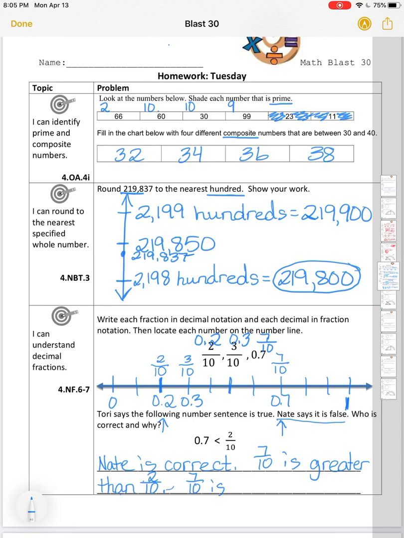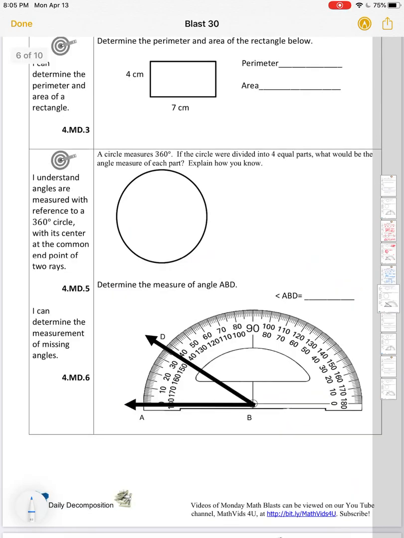And I could say 7 tenths is to the right of 2 tenths on a number line. And we know that numbers that are further to the right are more. They're greater. All right, let's go to the back side of this sheet.